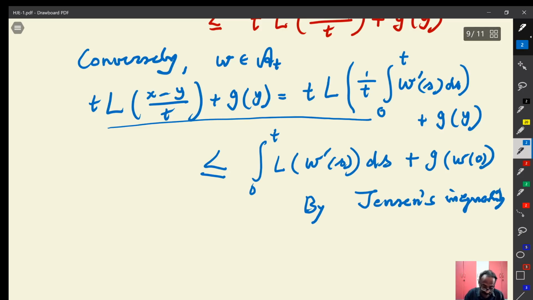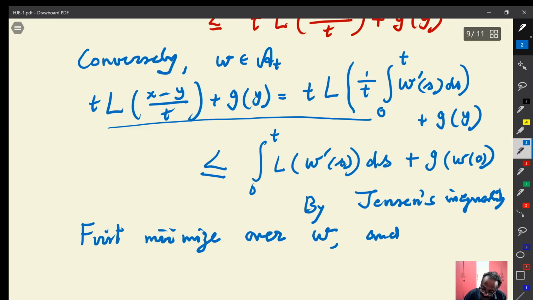Once you have this, what you do is, since y is fixed, there is no W here now. First minimize over W, and then minimize over y.